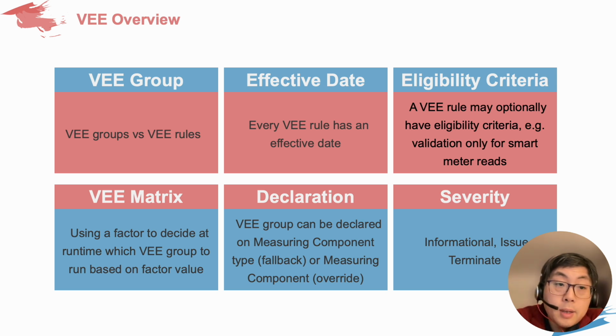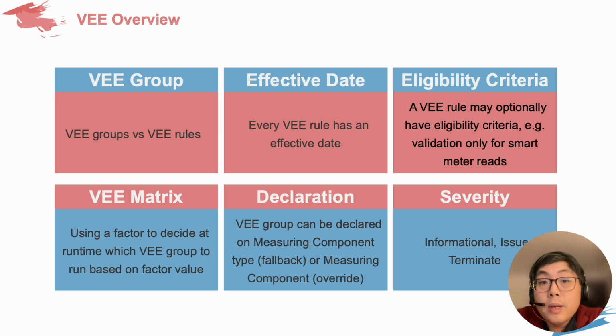Let's say the factor is based on the service point: if it's an energized service point, it will run a particular set of rules. For a de-energized service point, it could run another set of rules.